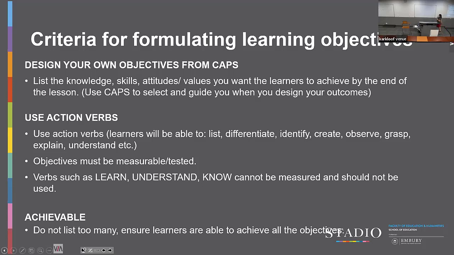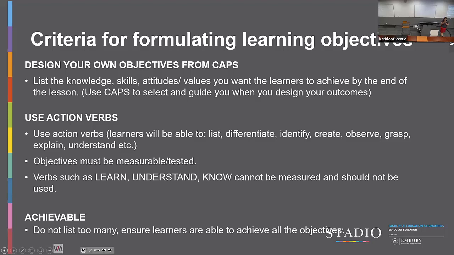Right. Make sure that your objectives are achievable. So do not list too many. Don't go and write 10 objectives, because your learners will not be able to achieve it in that period of time. Often students say to us, how many objectives should we have for a lesson? It's very difficult to say because it depends on the topic.